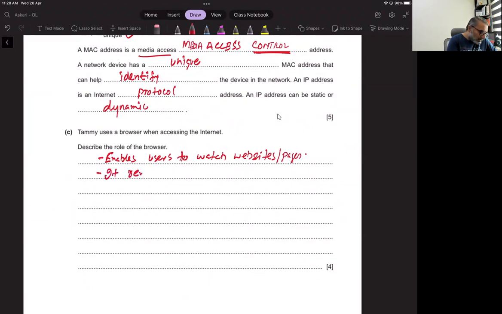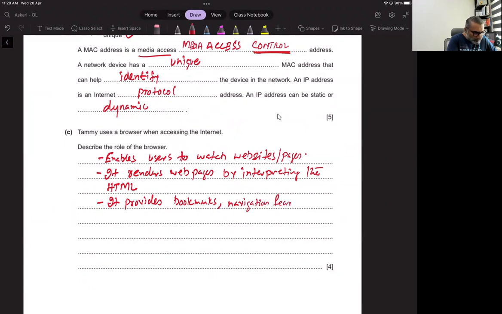It renders web pages by interpreting the HTML. It provides bookmarks, navigation features. Navigation features means it allows you to go forward and come back.